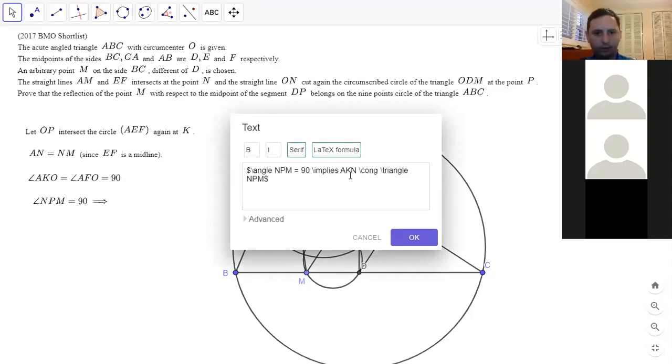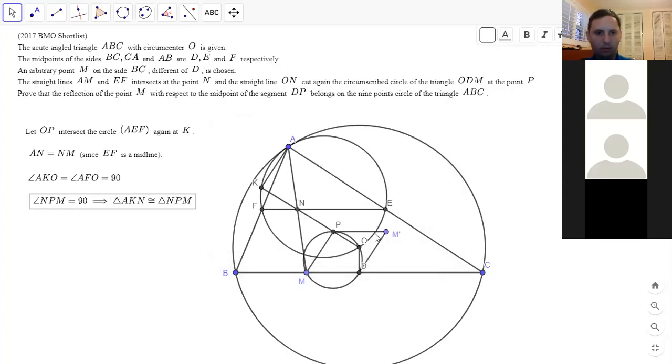Add the triangle here. So AKMP is a parallelogram.